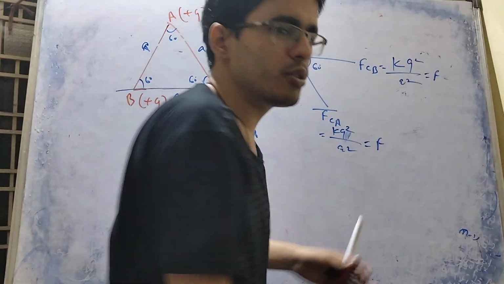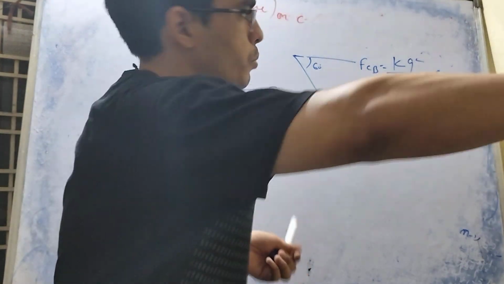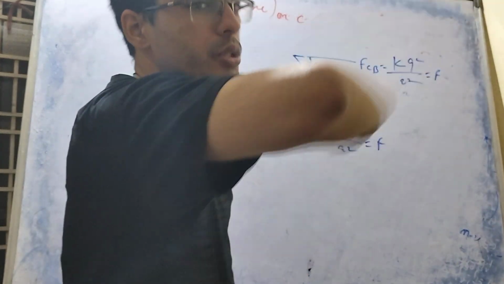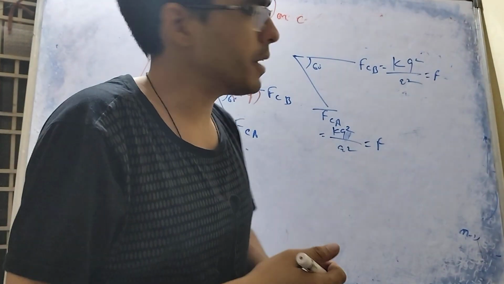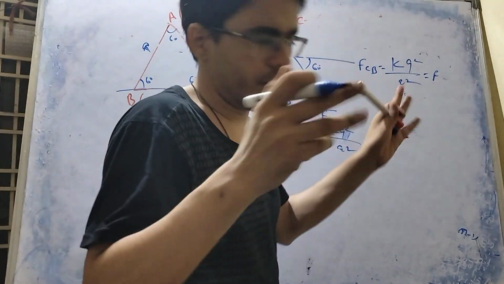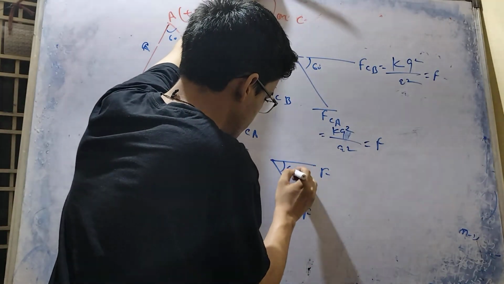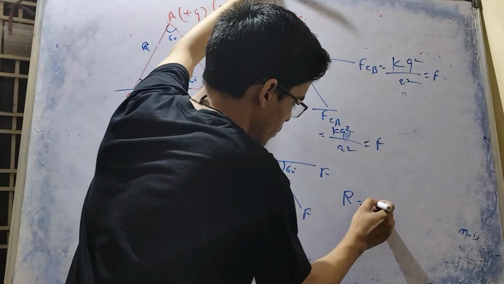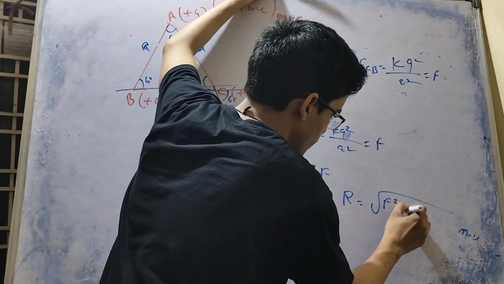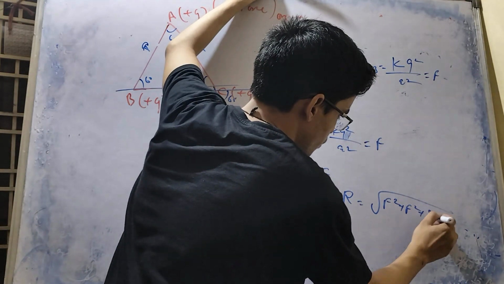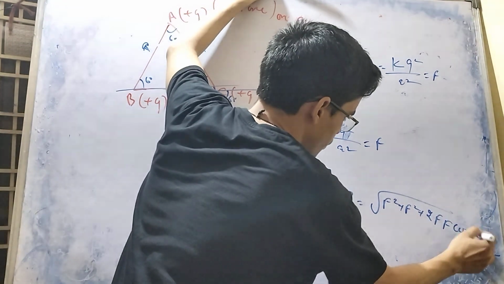You can assume F, because every step we have to write this KQ square by A square, every step. It will take time, right? So I have just assumed F. Now this is F and this is F and this angle is 60. So what is the resultant? This will be under root F square plus F square plus 2 F1 F2 cos 60, correct?